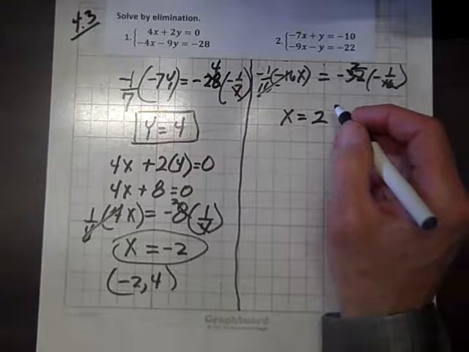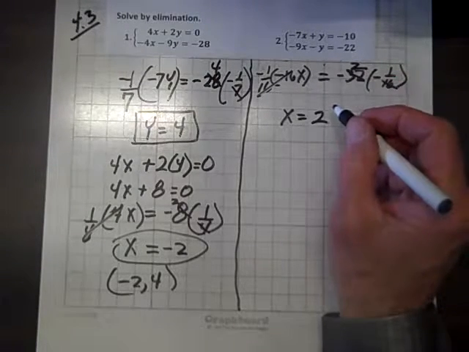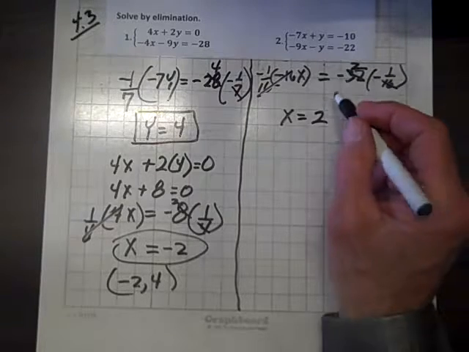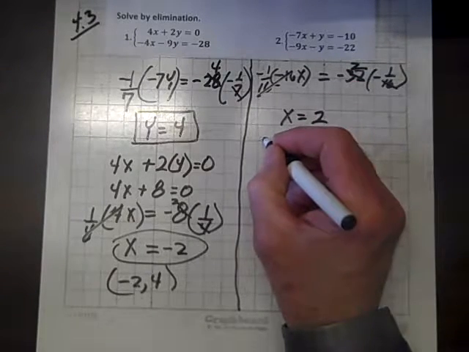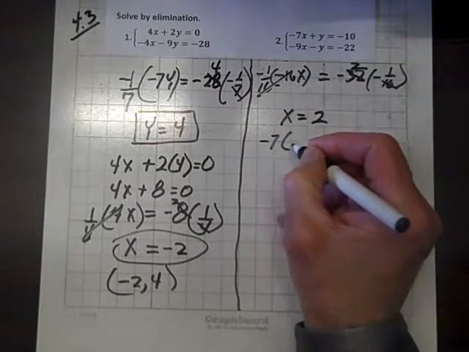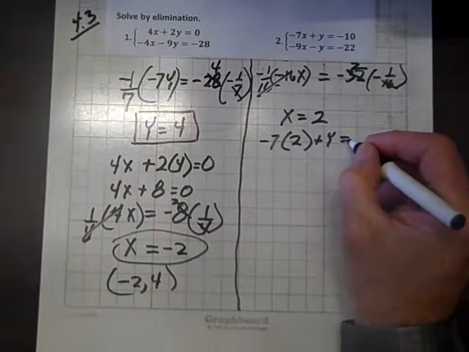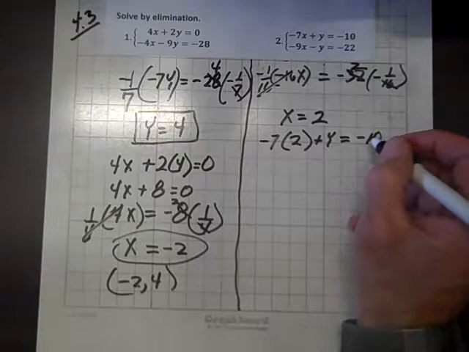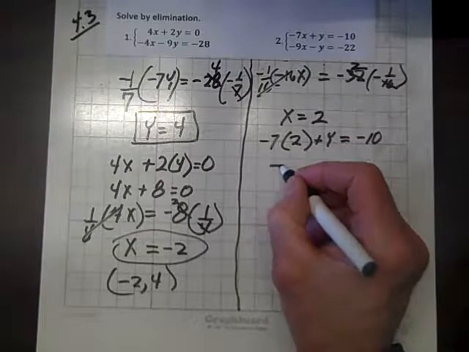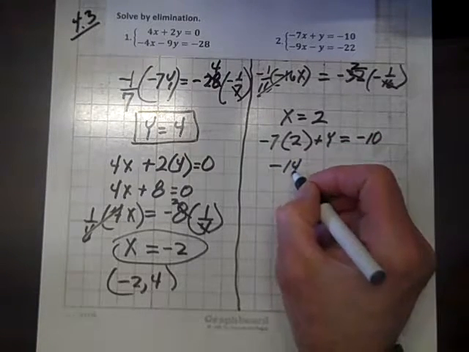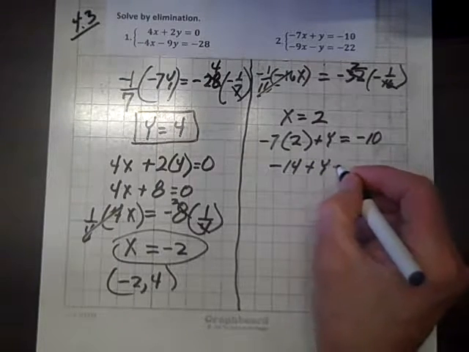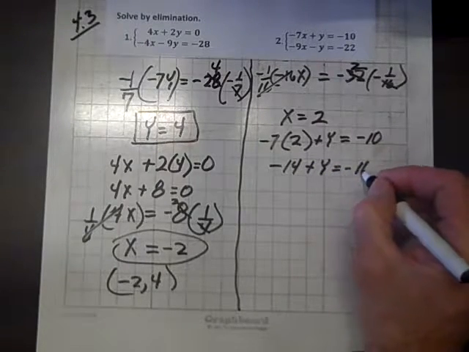Now we have to solve for y, and we can use either of these equations to do that. So let's use the first one. Negative 7 times x is 2 plus y equals negative 10. Okay, so now we have negative 14 plus y equals negative 10.